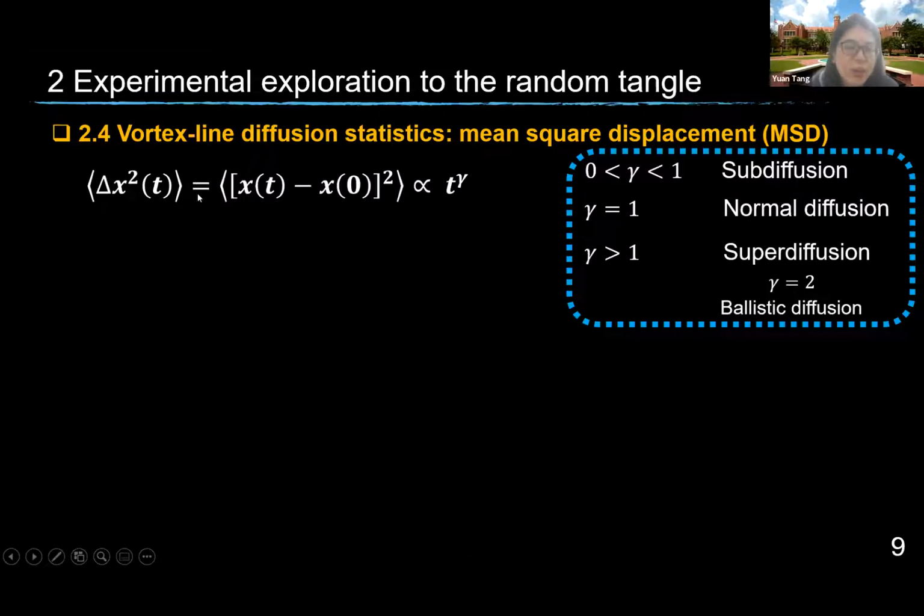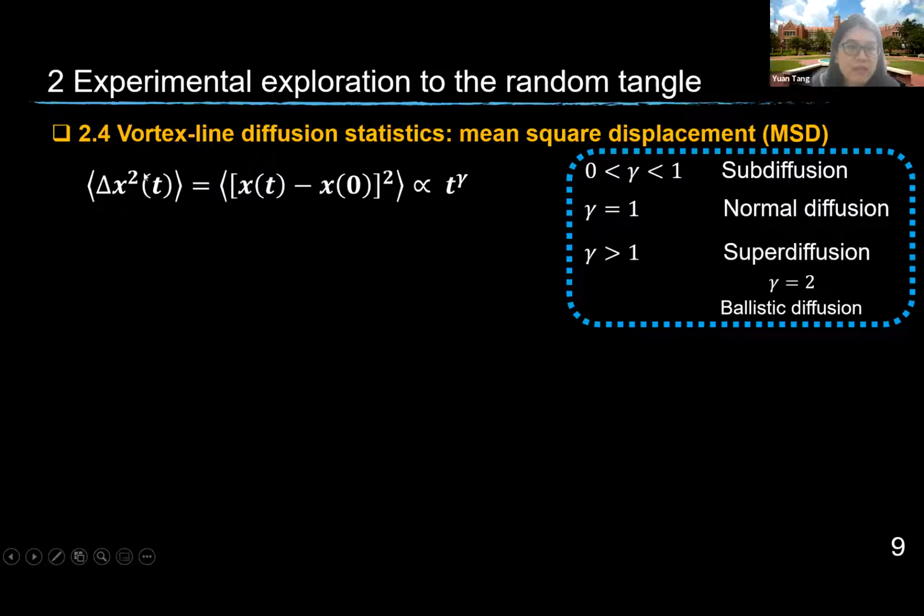Now we specifically focus on the apparent diffusion of the G1 particles in the horizontal direction, which is perpendicular to the counterflow direction. The purpose to choose this direction is because we want to keep the viscous drag effect from the normal fluid minimal.